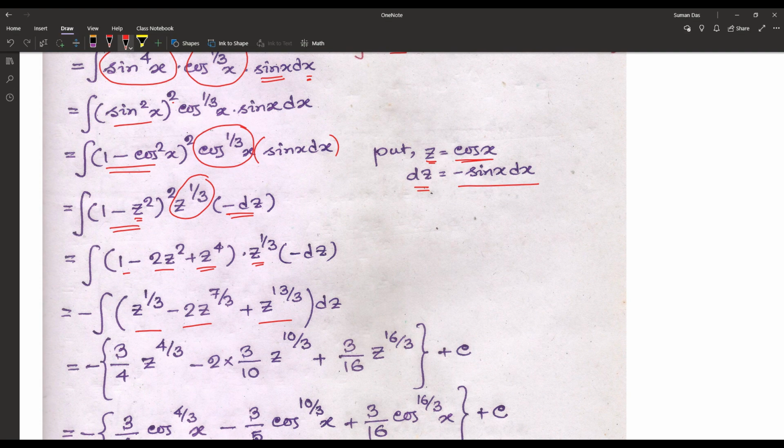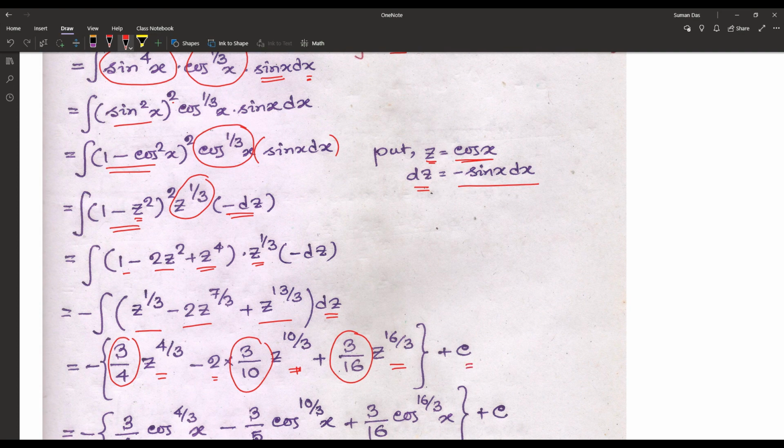For z to the power 1 by 3 dz, that becomes 3 by 4 z to the power 4 by 3. Minus 2 into z to the power 7 by 3 dz, that becomes 2 by 3 z to the power 10 by 3. And the final z to the power 13 by 3 dz is 3 by 16 z to the power 16 by 3 plus the integration constant.